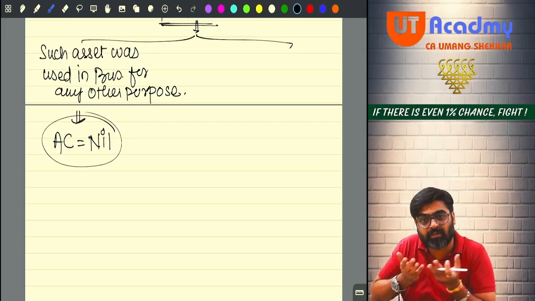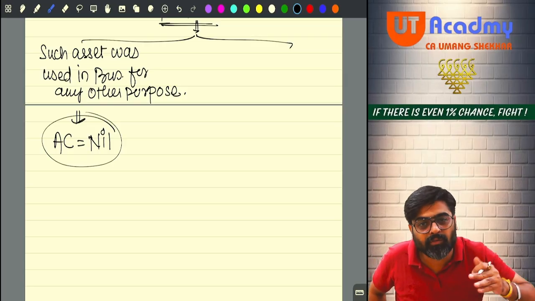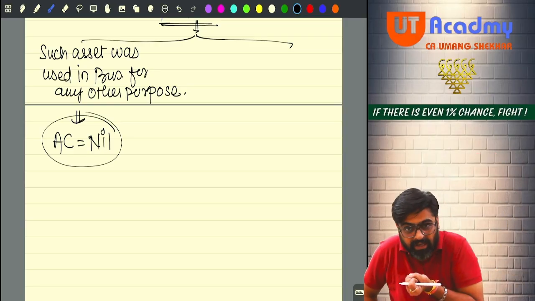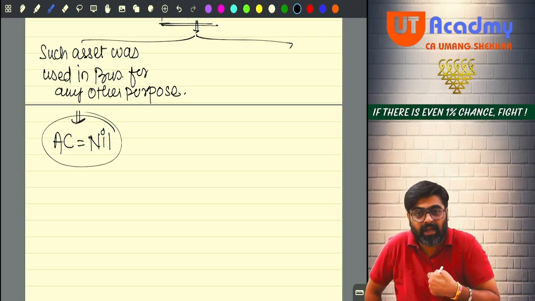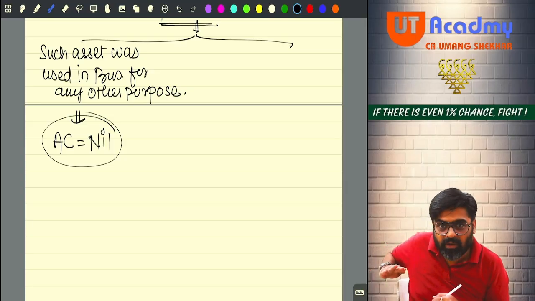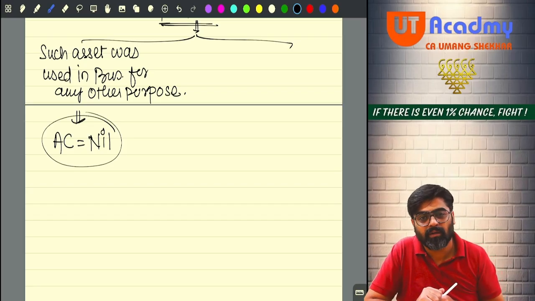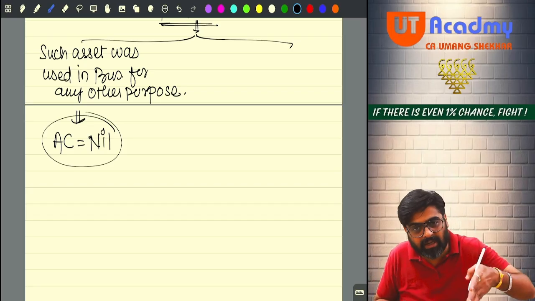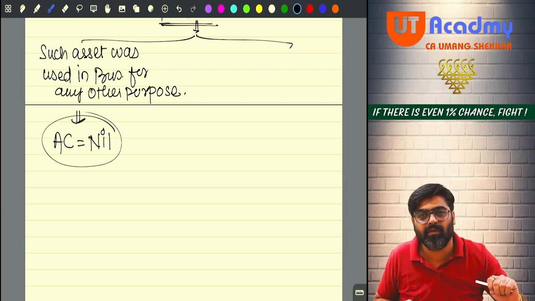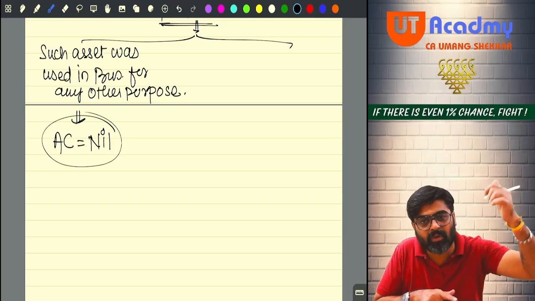So now in your business, you did not acquire it for normal operations; you acquired it for scientific research, and now you are using it for your business. What cost will you take for this asset? You cannot take any cost, because the entire cost of that asset was allowed to you under section 35. So no cost of this asset remains to be allowed.